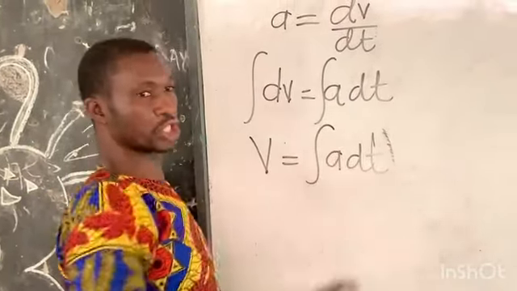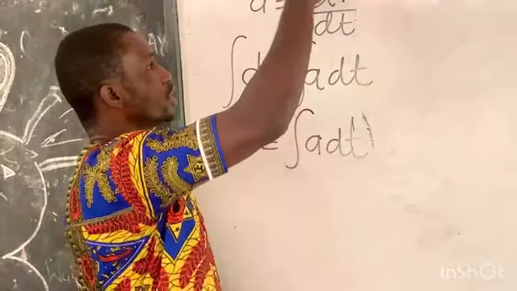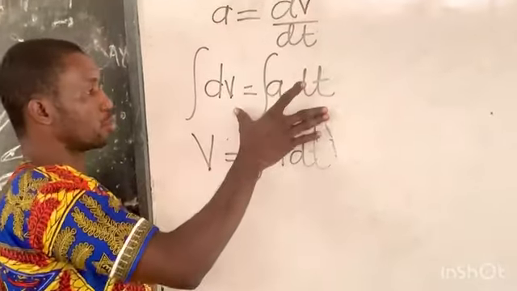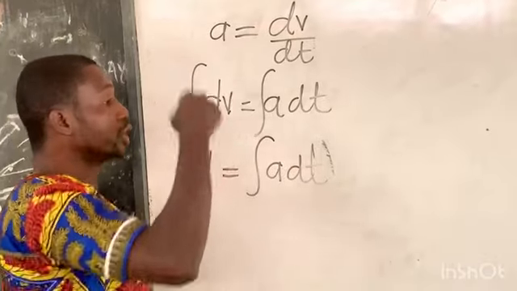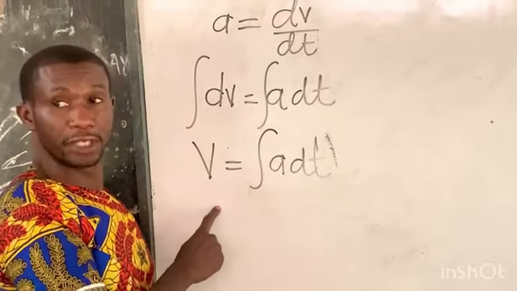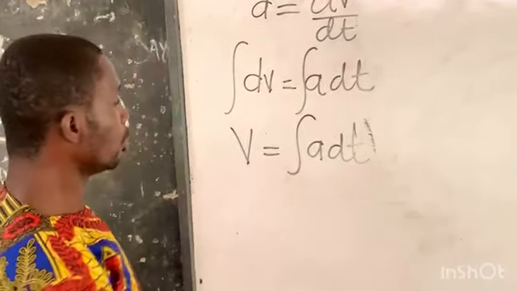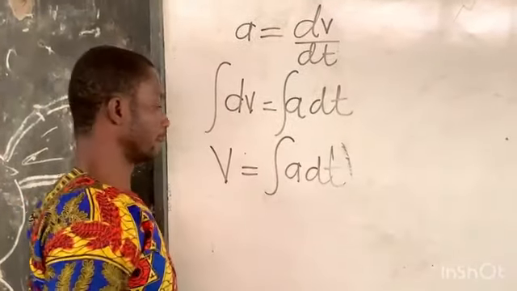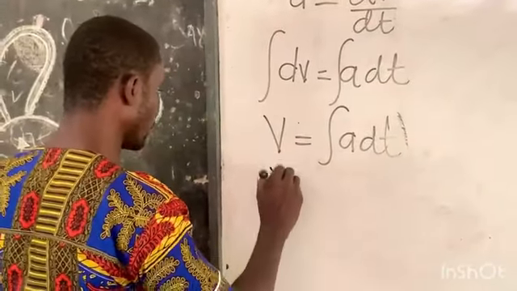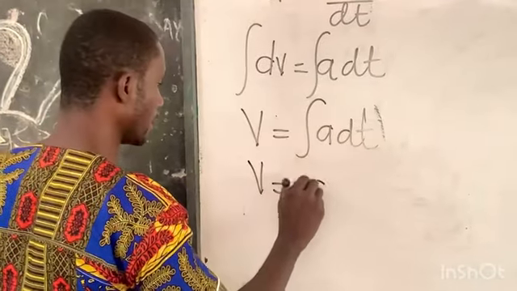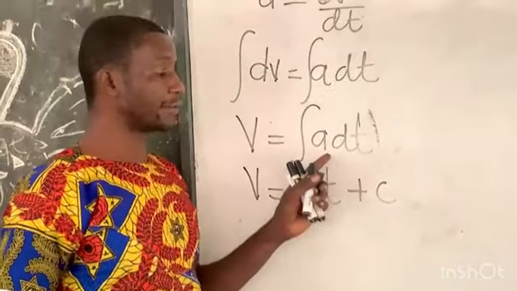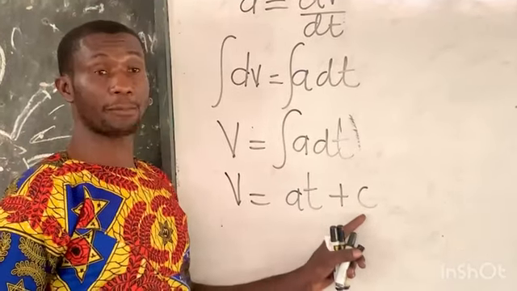Because acceleration is the change in velocity with respect to time. So v is equal to at plus c. Plus c, because this is an indefinite integral, so this c is an arbitrary constant.